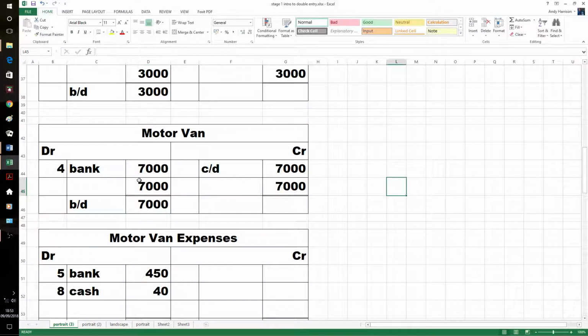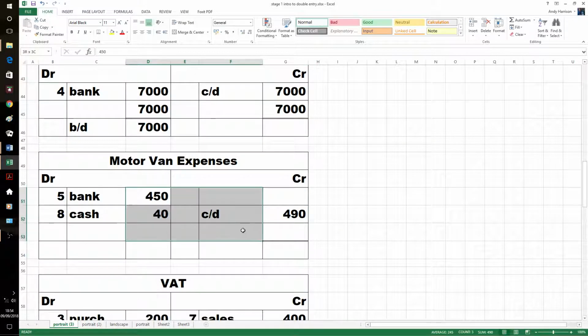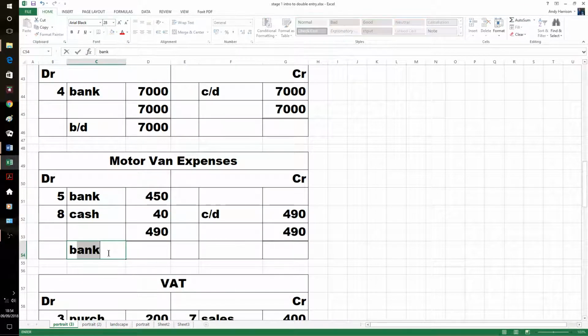There we are, so just 7,000 brought down. This one's going to be nice and easy as well. Just the two added together, just to prove it.